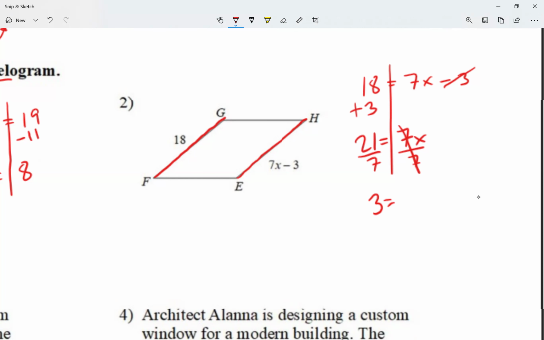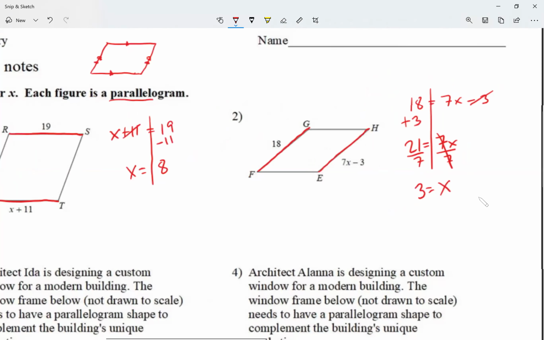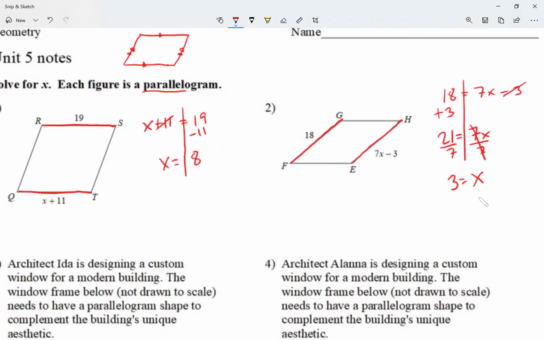So it's not that it just goes away. It becomes a 1. It becomes 1x. So I just write the x by itself. So x is equal to 3. Right? On your homework, just type in the number. When I say solve, I'm basically asking for the value. Again, in some of your cases, x is going to be negative, and that is fine.